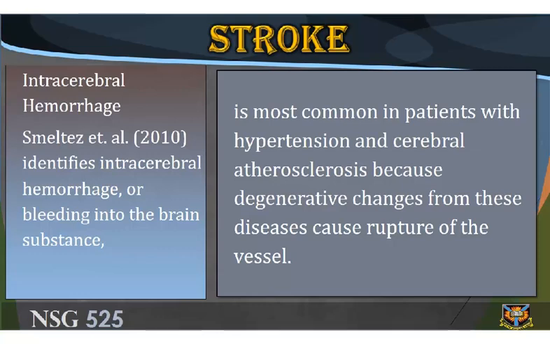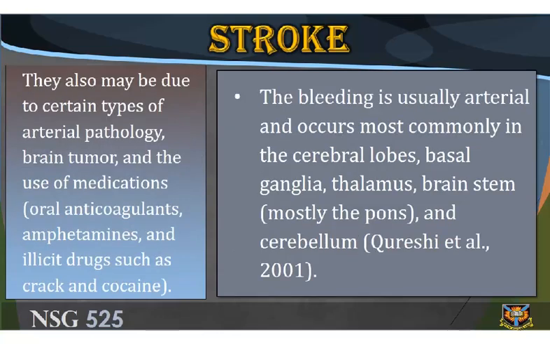Intracerebral hemorrhage. Smeltzer et al. 2010 identifies intracerebral hemorrhage as bleeding into the brain substance. It is most common in patients with hypertension and cerebral atherosclerosis because the degenerative changes from this disease cause rupture of the vessel. They also may be due to certain types of arterial pathology, brain tumor, and the use of medications, oral anticoagulants, amphetamines, and illicit drugs such as crack and cocaine.